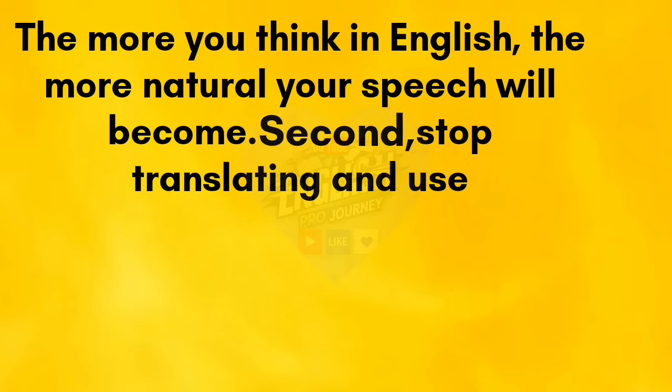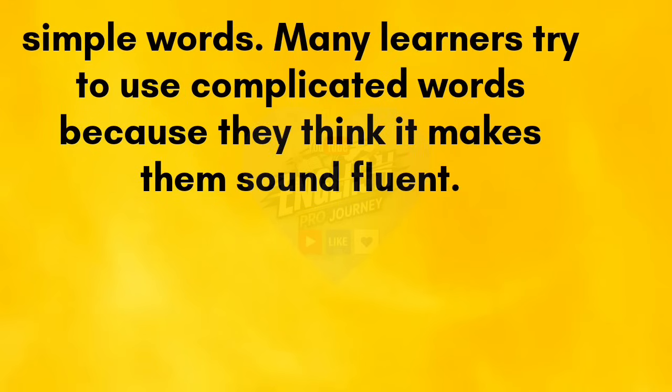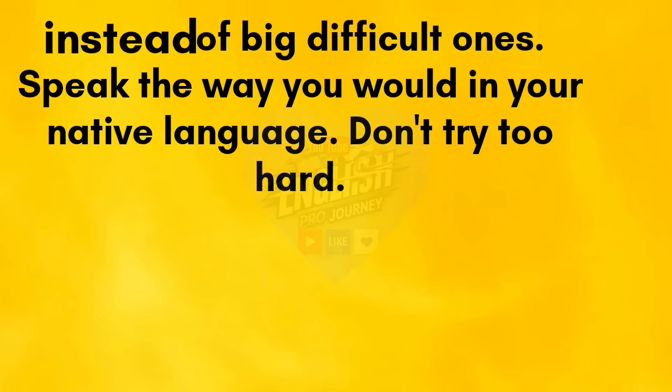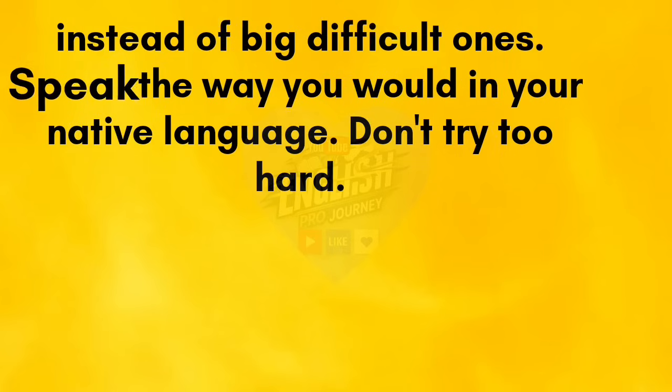2. Stop translating and use simple words. Many learners try to use complicated words because they think it makes them sound fluent. But fluency is about smoothness, not difficult words. What to do? Use simple and natural words instead of big, difficult ones.